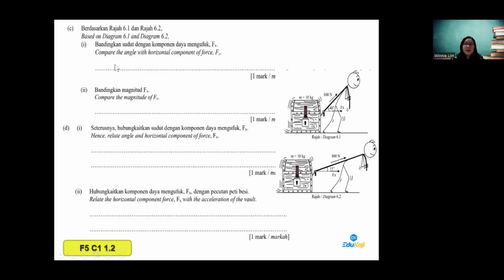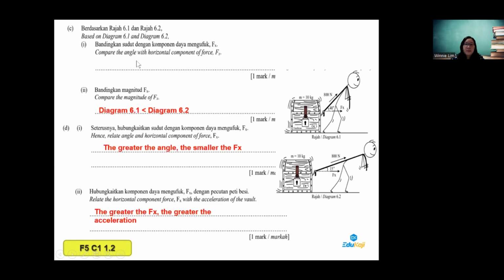Then next, this one is given already, C1. Then compare the magnitude of Fx. So obviously Fx in 6.1 is lesser. So the greater the angle, the smaller the Fx, the horizontal component, and the greater the Fx, the greater the acceleration.